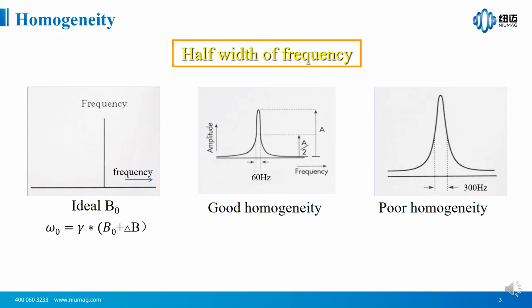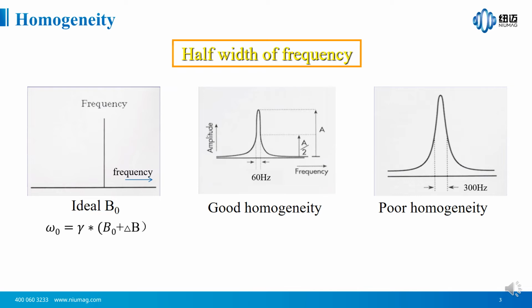The more uniform the magnetic field, the narrower the peak of the spectrum. The more uneven the magnetic field, the wider the peak of the spectrum. Therefore, we can measure the half-width of this spectral peak to obtain an indicator of the magnetic field homogeneity.